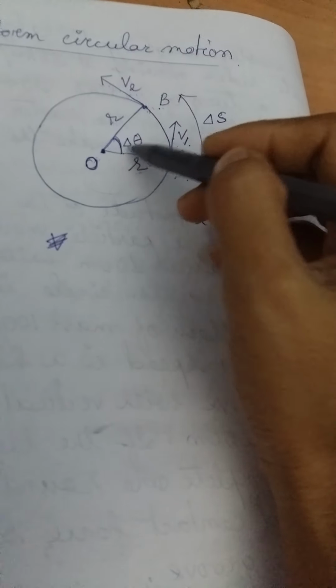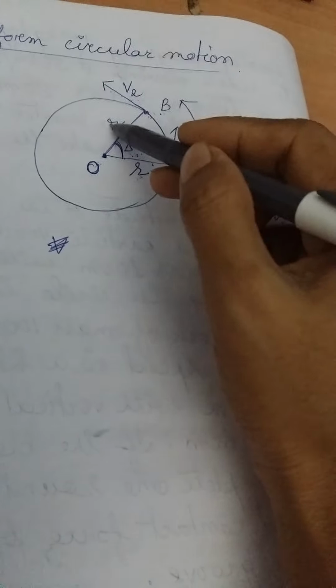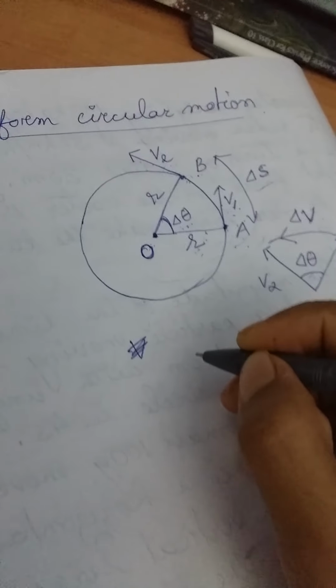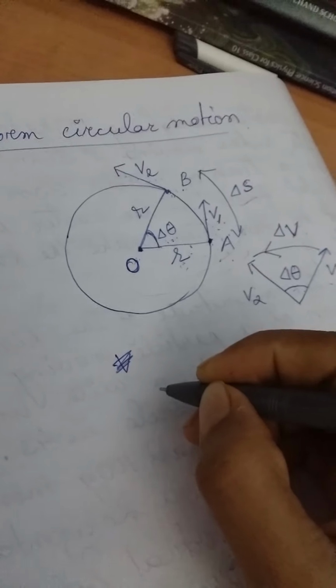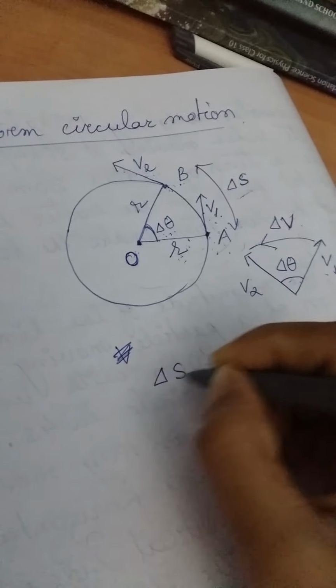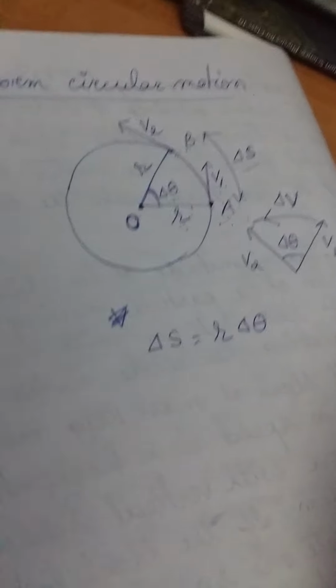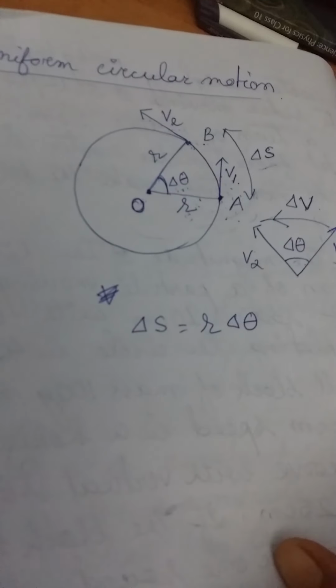This one is your angular displacement. These are your radius vectors. So if you take the parallax method, then we have del S is equal to R del theta.